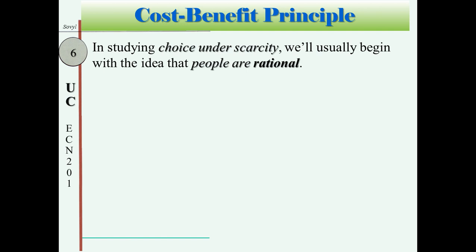This slide is about the cost-benefit principle. The previous principle was the scarcity principle, now the cost-benefit principle. Just to review what we have looked at so far: in studying choice under scarcity, which we saw in the definition of economics, we usually begin with the idea that people are rational.